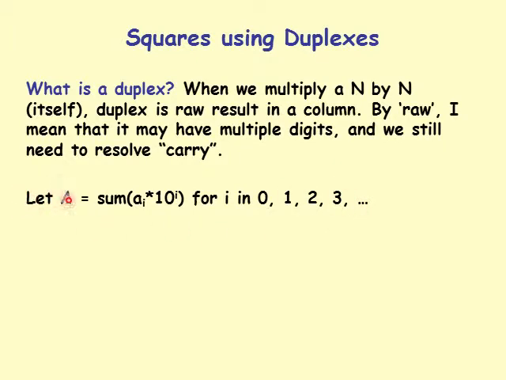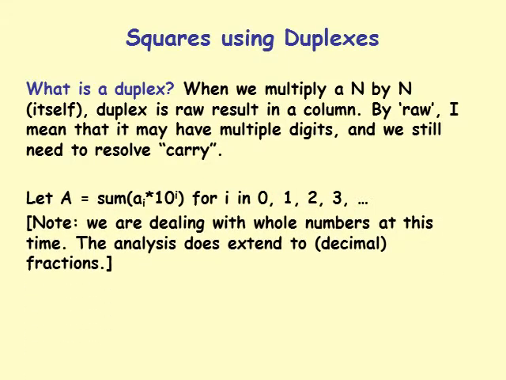In our decimal number system, A is the sum of AI, which is the coefficient, times the corresponding base, which is 10 to the power I, for I in 0, 1, 2, 3, and so on. Note that I did not consider negative values for I, but the analysis holds even if you have negative values of I here.